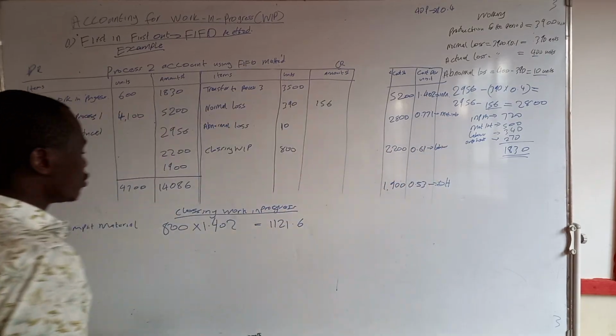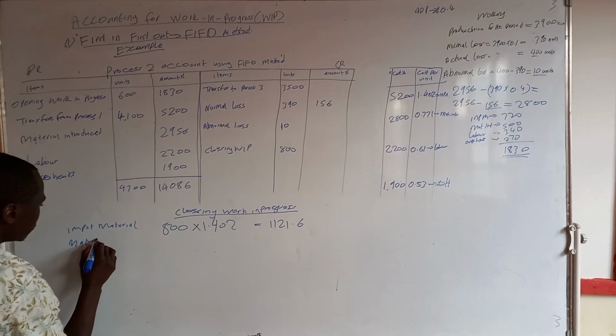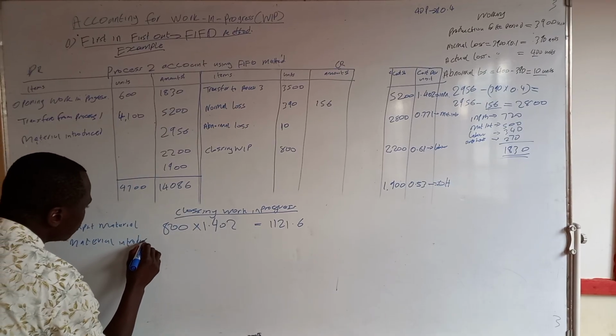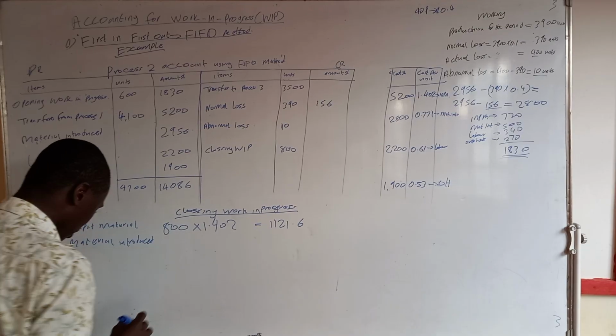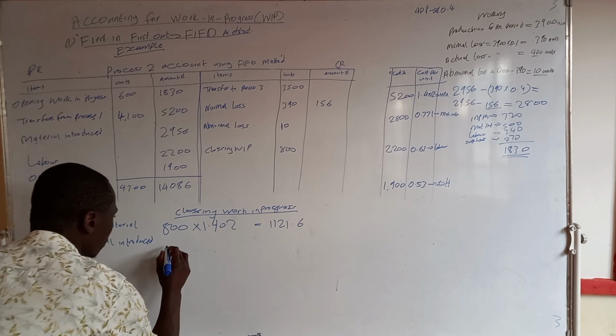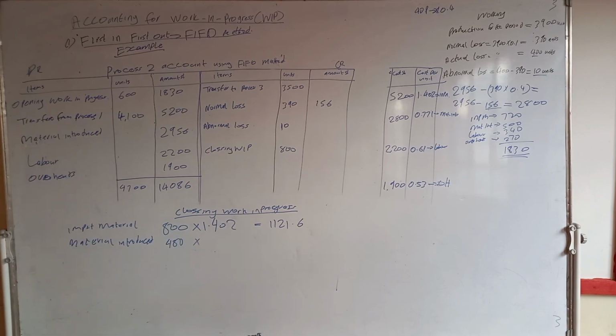Now we also had material introduced. Material introduced, we had an equivalent of 480 units. What is the cost per unit?